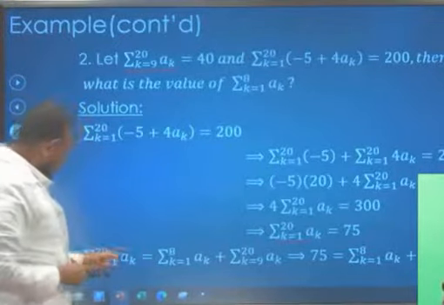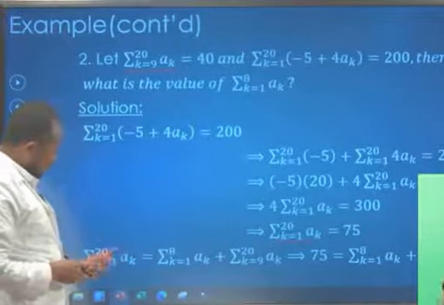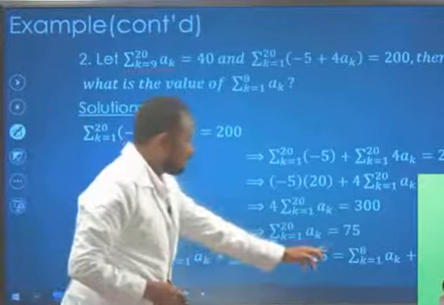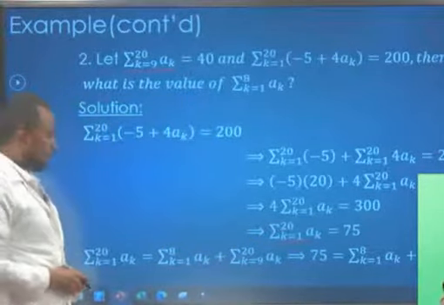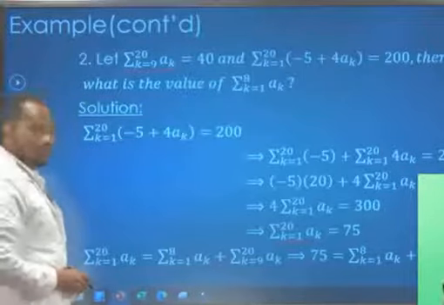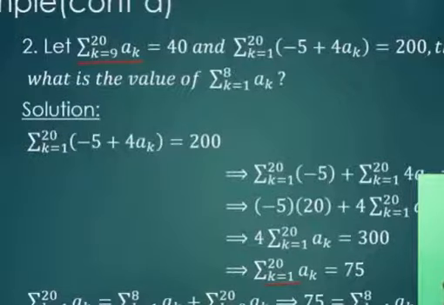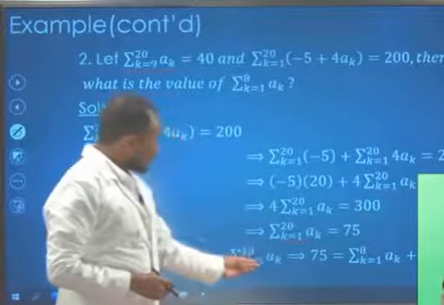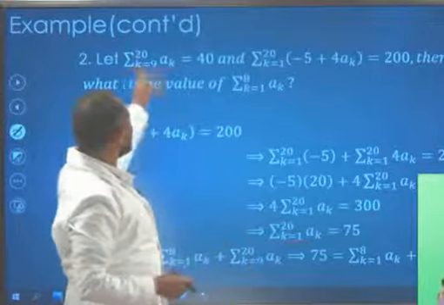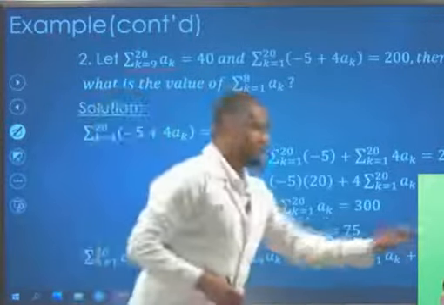So this implies, we have found the left side to be 75. This is equal to the summation of a_k, k from 1 up to 8, which is not known, we need to find it, plus the summation of a_k, k from 9 up to 20, which is given. It is 40. This is plus 40.